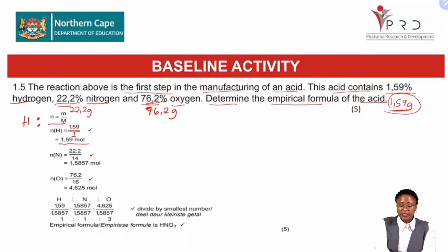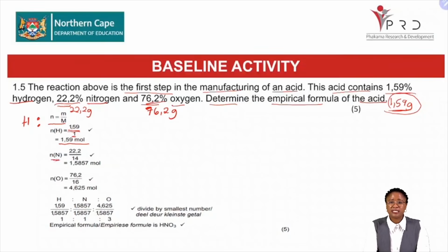Next, calculate the number of moles of nitrogen. Again, we were given 22.2%. When we convert it to grams, it gives us 22.2 grams. So again, you use the formula: number of moles equals m over molar mass. Under the mass, you substitute the mass that we are given, which is 22.2.